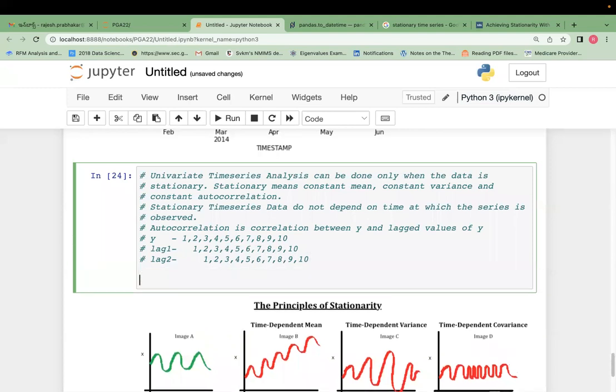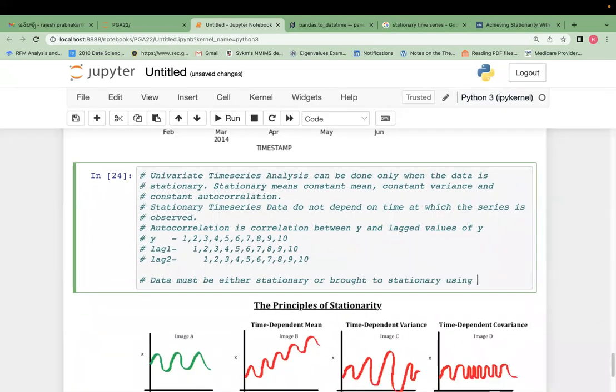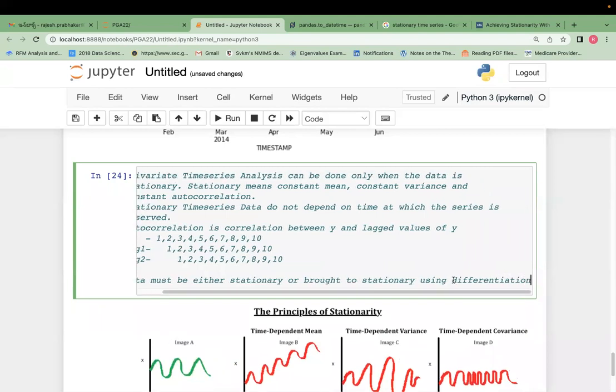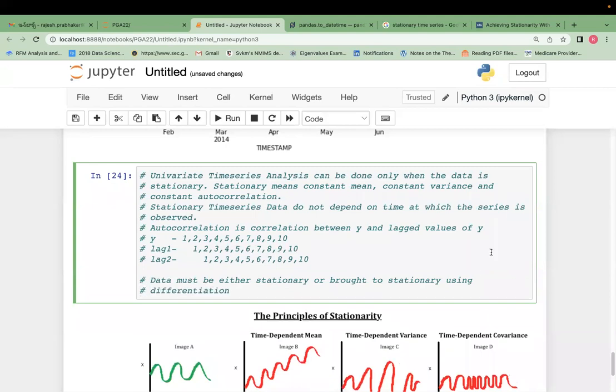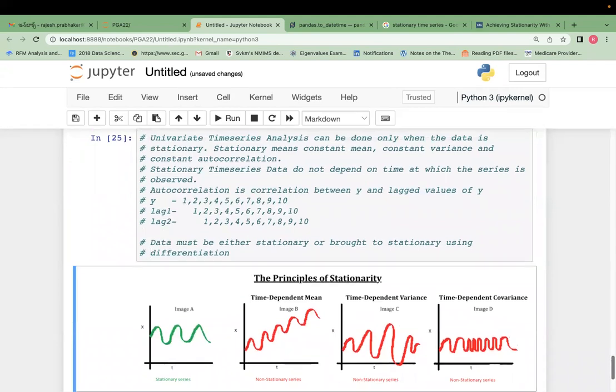So the data must be brought to stationary. Data must be either already stationary or brought to stationary using differencing.